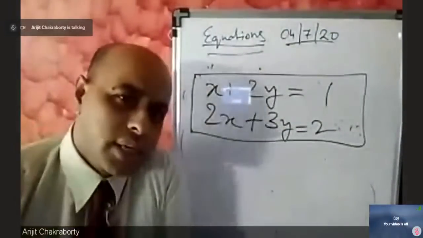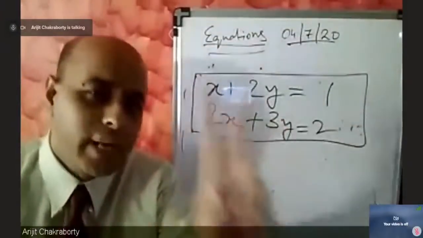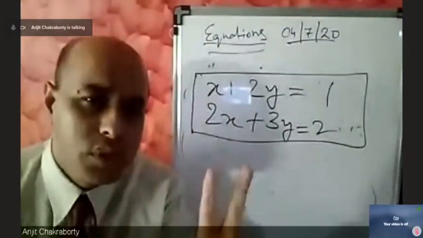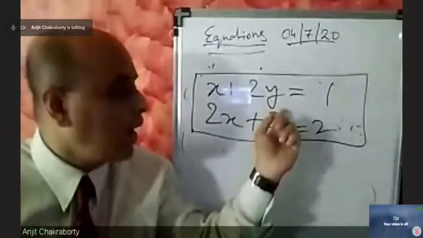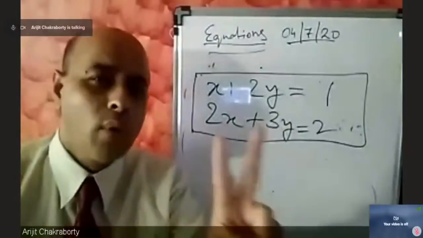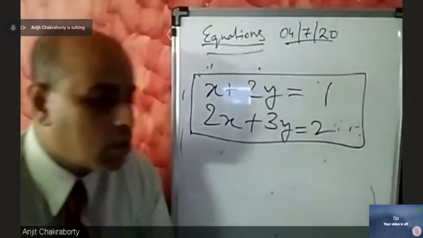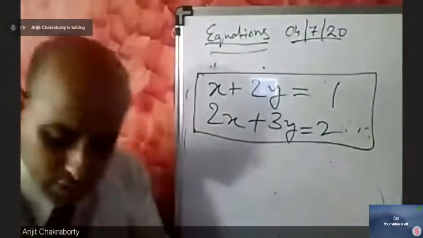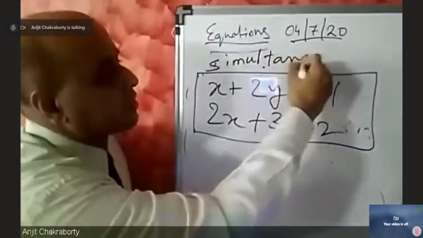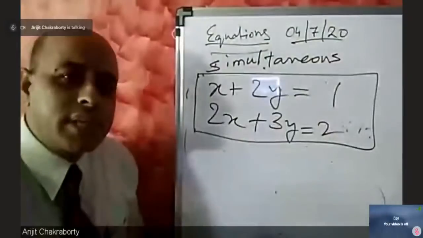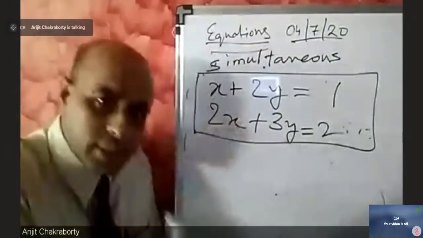Please see, we are having 2 variables, 2 unknowns. We don't know the value of x, we don't know the value of y. So 2 unknowns, which means these are examples of simultaneous equations. And we will solve these equations today itself.